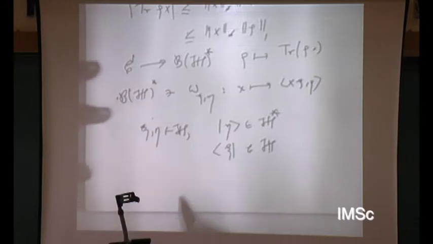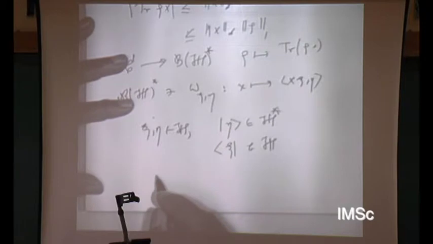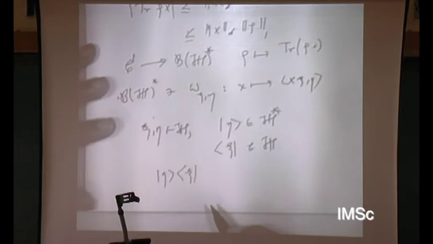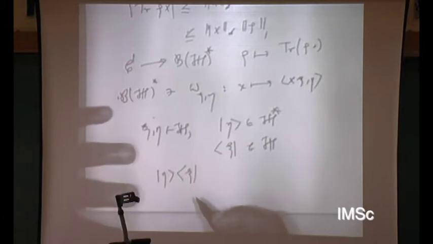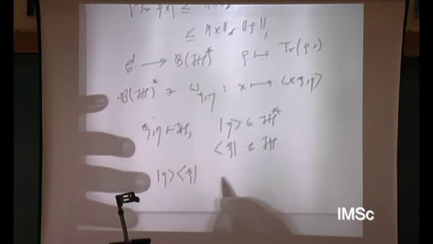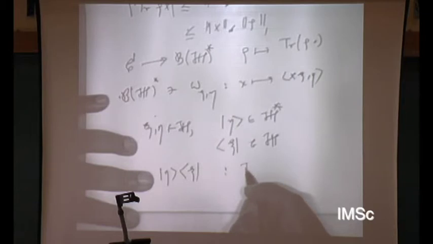But on the other hand, this ket times bra also makes sense. That is, if I take this, this is an operator from H to H.